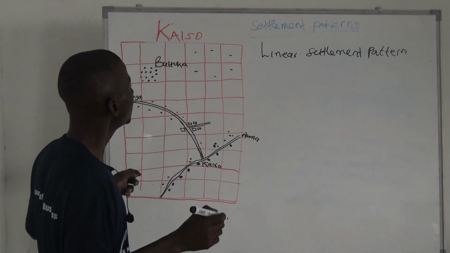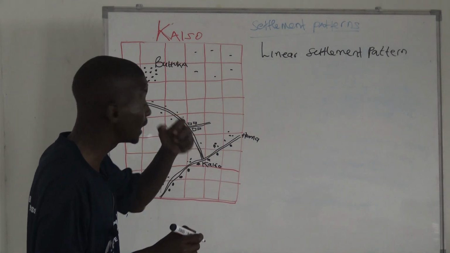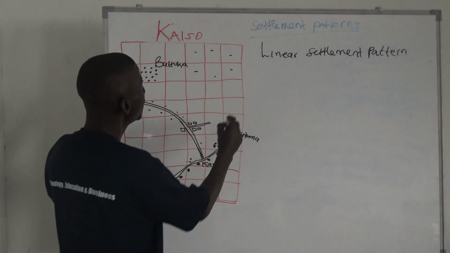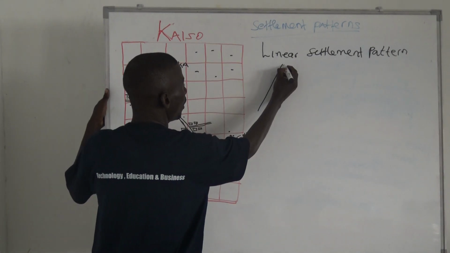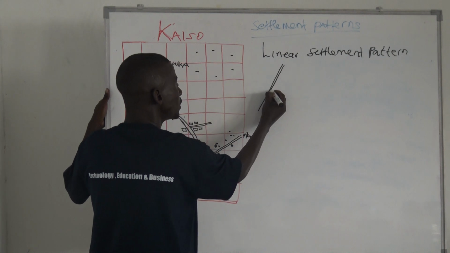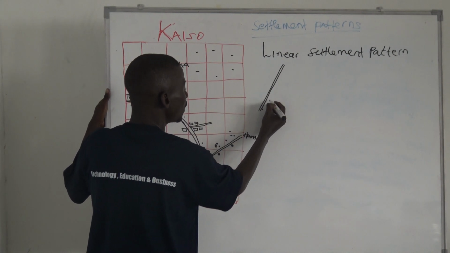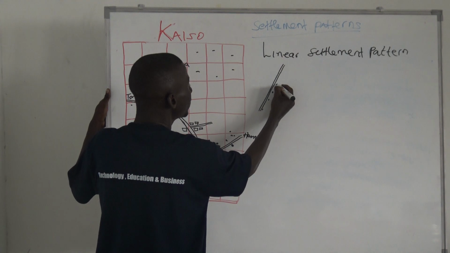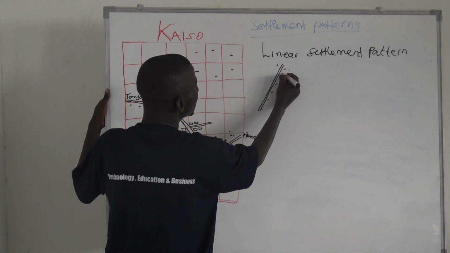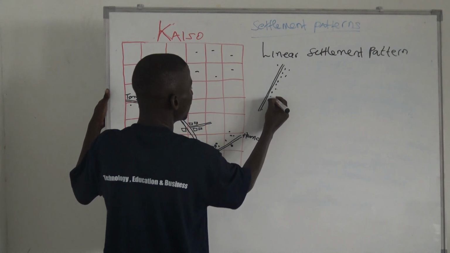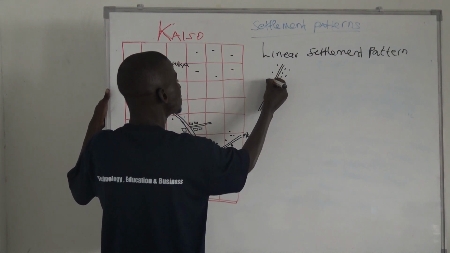Linear comes from the word line. That's when people live along roads, on the sides of the roads. Once you see a road like that, along that road there will always be these black dots.